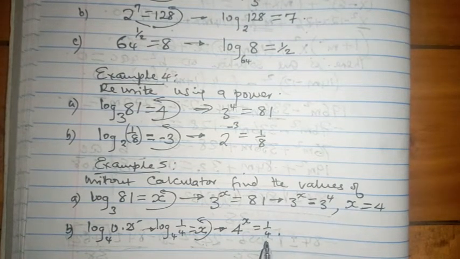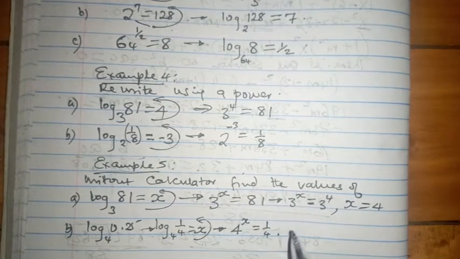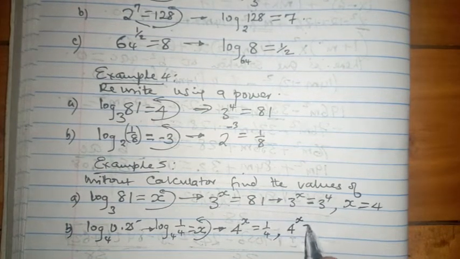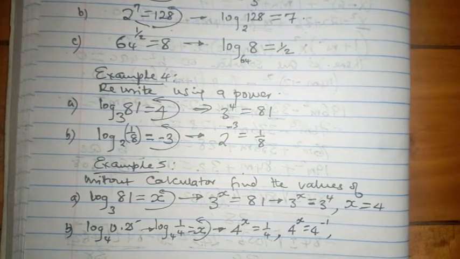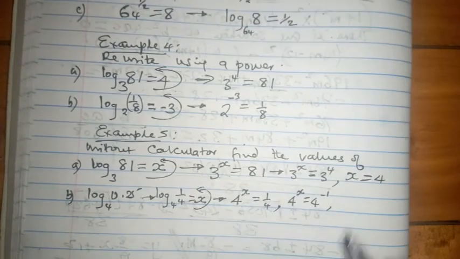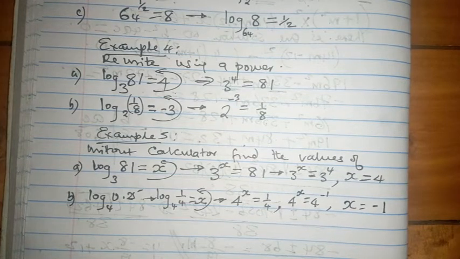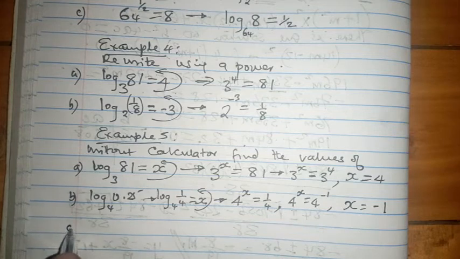And of course, this one is 4 raised to power -1, which tells us 4 raised to power x is 4 raised to power -1. And it goes without saying that x is equals to -1. And at that particular point, we get the value of x.